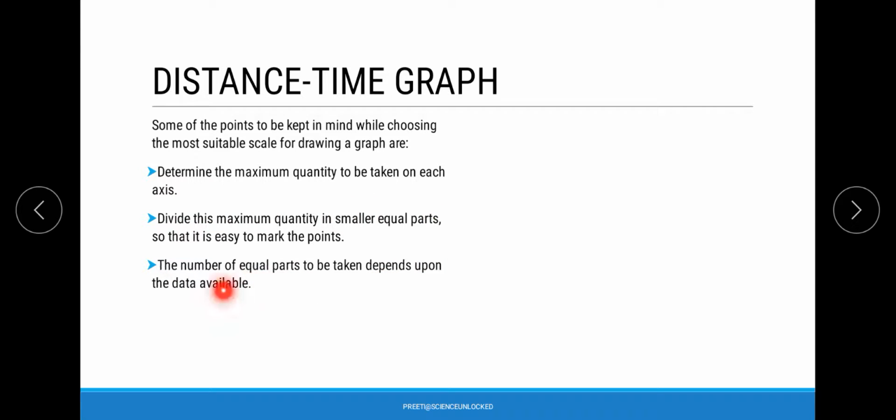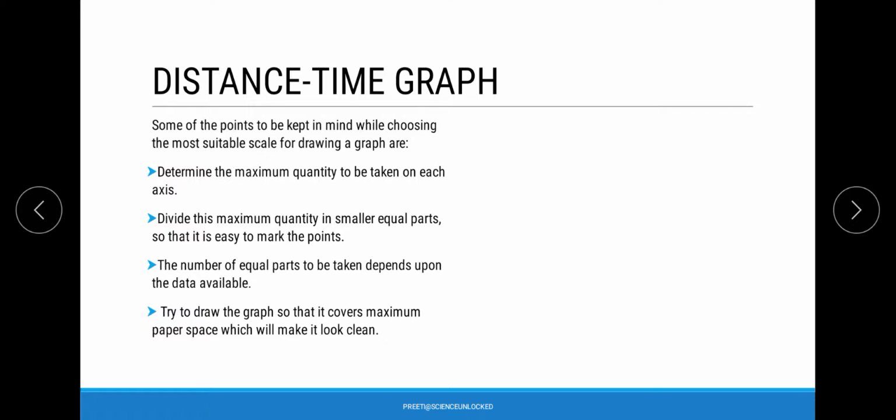The equal parts we choose depend on the data available to us. If the data is of a shorter range, then we can elaborate the data. But if the data is of a larger scale, and the range is very high, then we may represent it in a short and crisp manner.